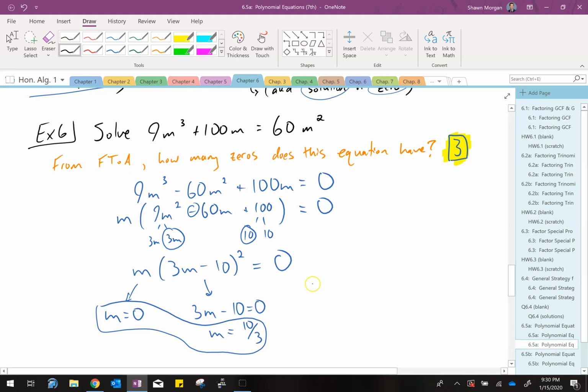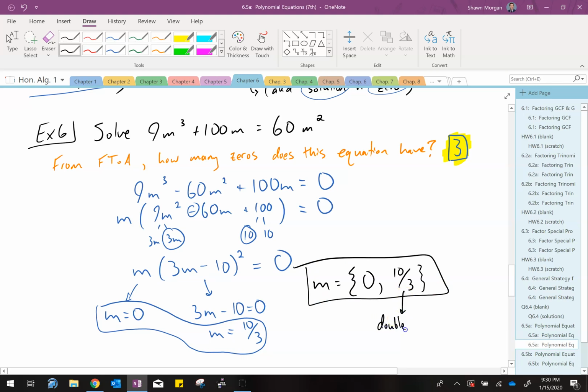In fact, if I wrote up my solution set, if I wrote m equals, fellas, all I'm putting in there is a 0 and a 10/3, okay? But this 10/3 is what's called a double root, or a double 0 or a double solution.